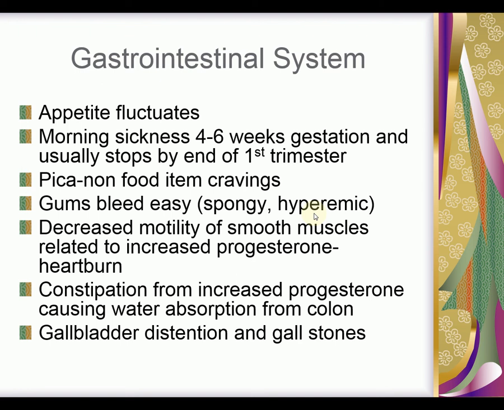And this is all due to your increased progesterone. You're going to develop heartburn. And some ways that we can treat heartburn is to offer small meals. Don't drink when you're eating. Be sure that you remain in an upright position 30 minutes to an hour after you eat. There's certain things that you can teach them to try to help prevent heartburn.